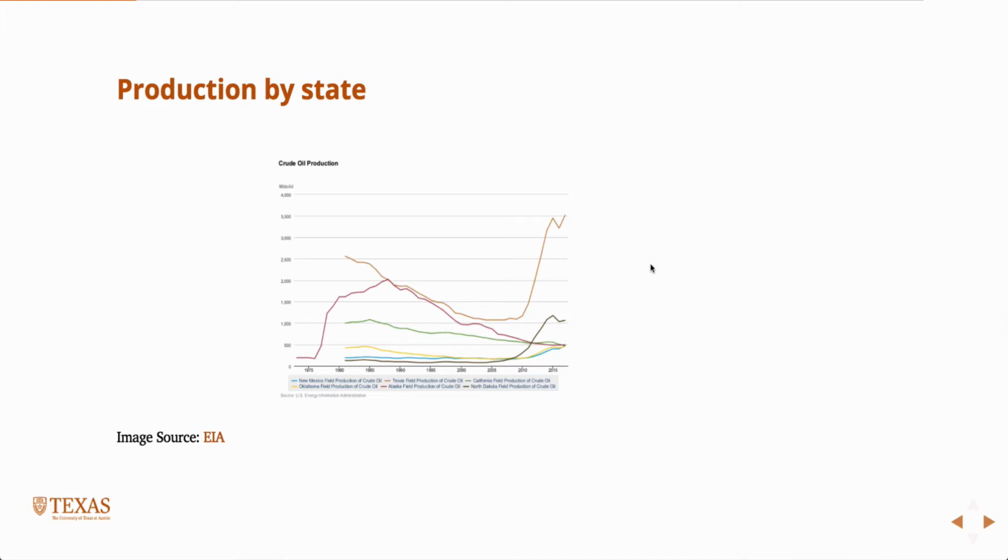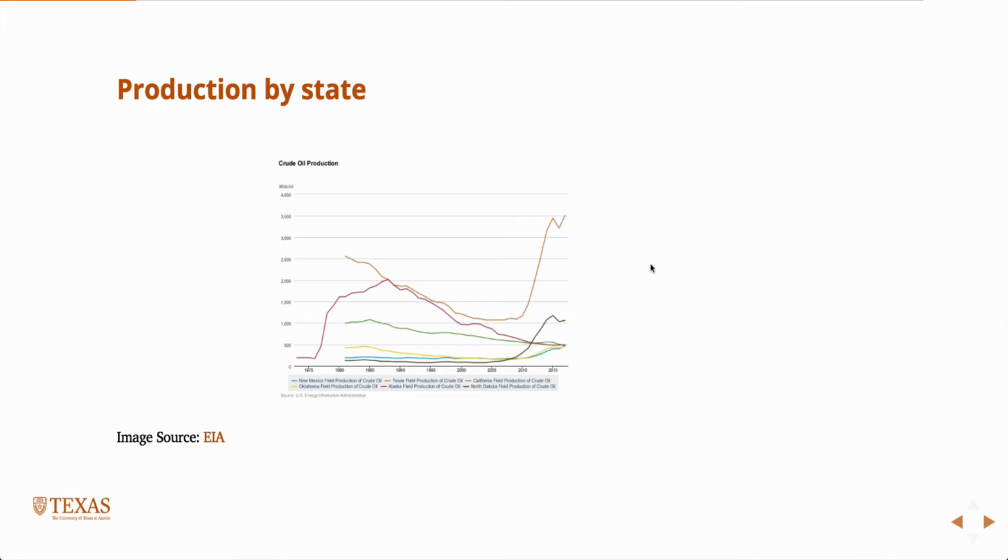So this is the breakdown by state of crude oil production over the same time period. Texas has always been the leader, right? Alaska might have for one day passed us. But Texas has always been the leader, and Texas is the orange curve, which, by the way, I did not do that on purpose. It's pretty cool that it came out in burnt orange. I just collected the data from EIA.